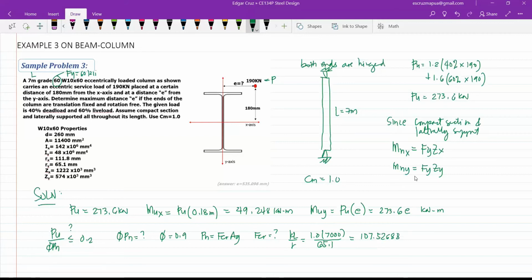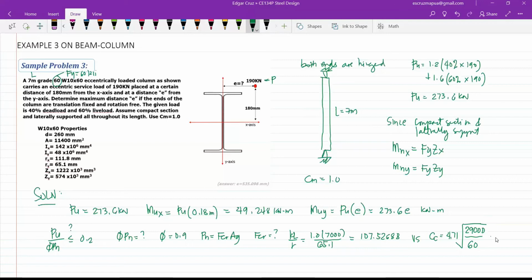Ayan, so store mo na lang sa calculator. Then we compare it versus the C sub C. The C sub C is 4.7171 square root of E. Okay, yung E, anong gagamitin natin E? Yung 200,000 megapascal ba o yung 29,000 KSI? Since yung Fy natin, ang given is yung grade 60 in KSI, wag mo na i-convert yung 60 to MPa. Sa halip, ang gamitin mo na lang na elasticity, 29,000 KSI. So 29,000 KSI divided by 60 KSI.